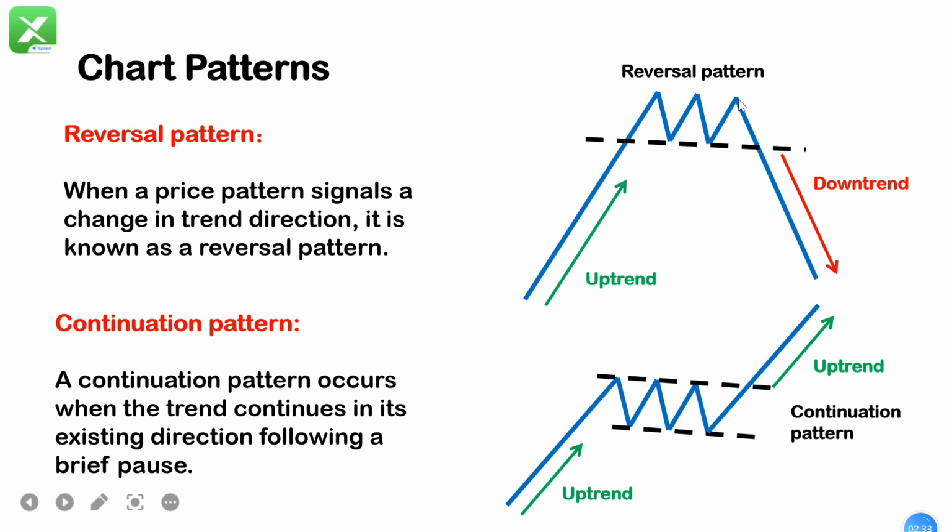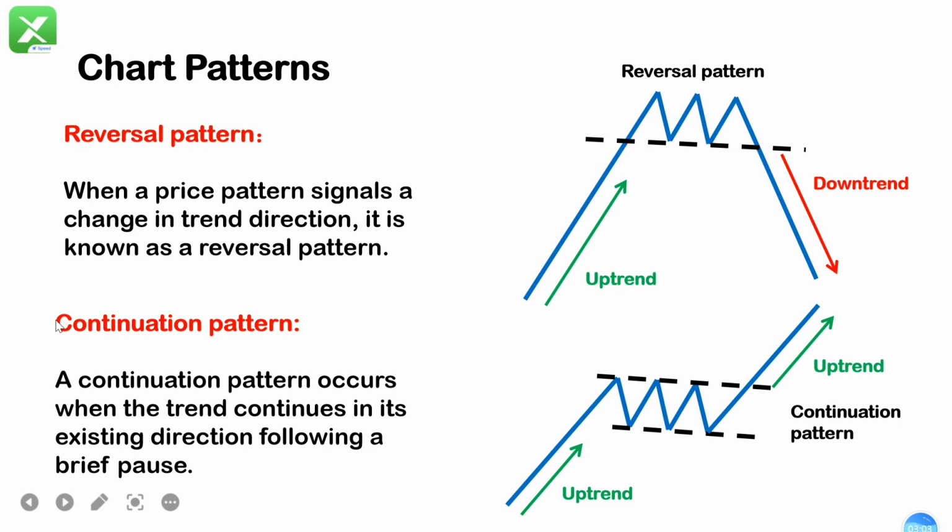Later, in a reversal pattern case, the price will break the pattern downward and begin to move in a bearish market. That means the price will move in the opposite direction from the previous trend. So this is how we call the reversal pattern.